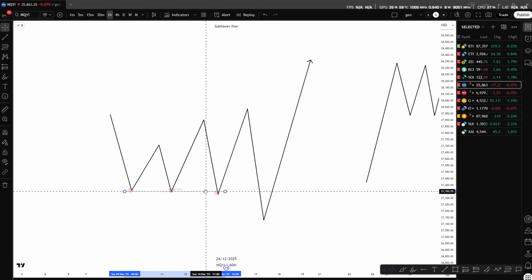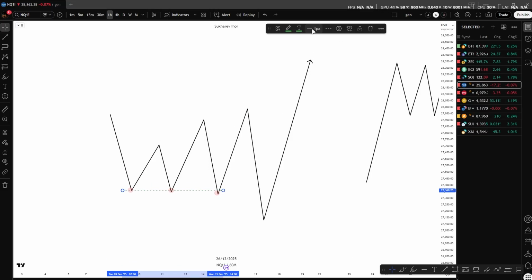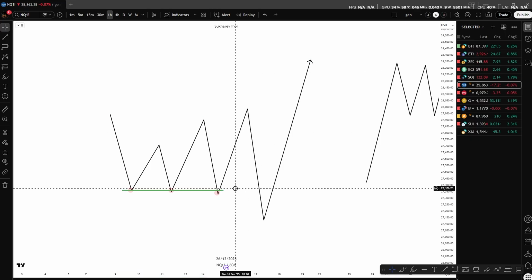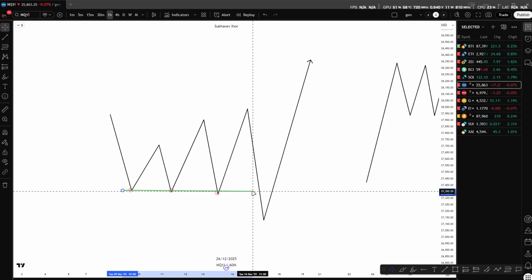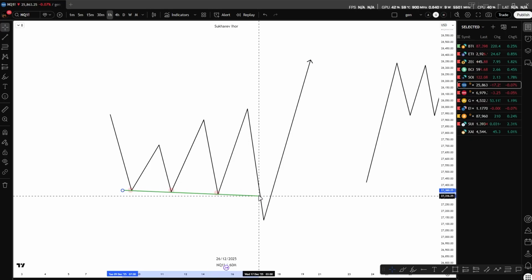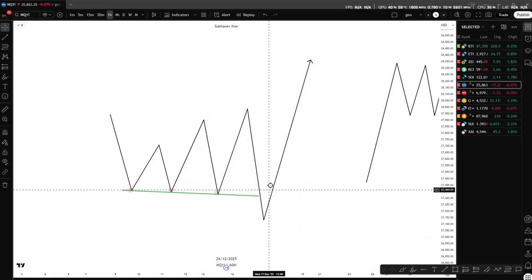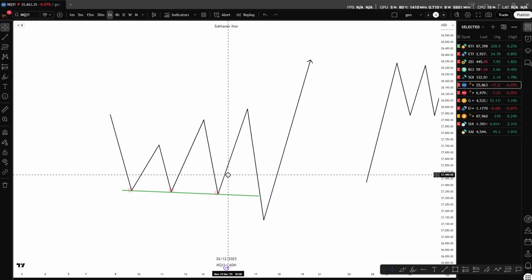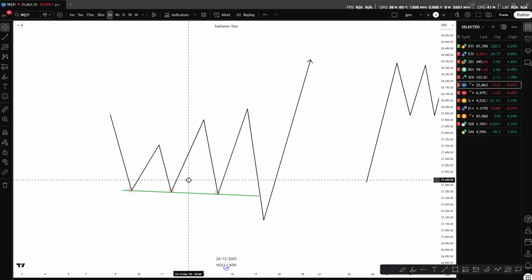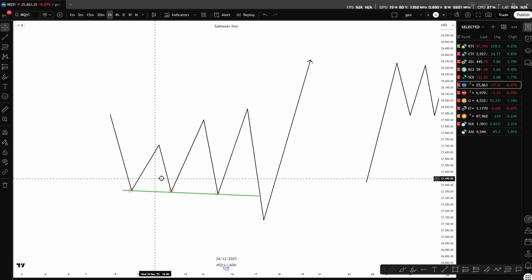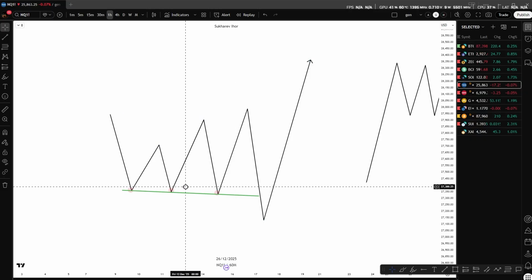My initial idea was to make it all nicely in line, but that would be an equal low, because it's roughly the same low over some certain period of time.